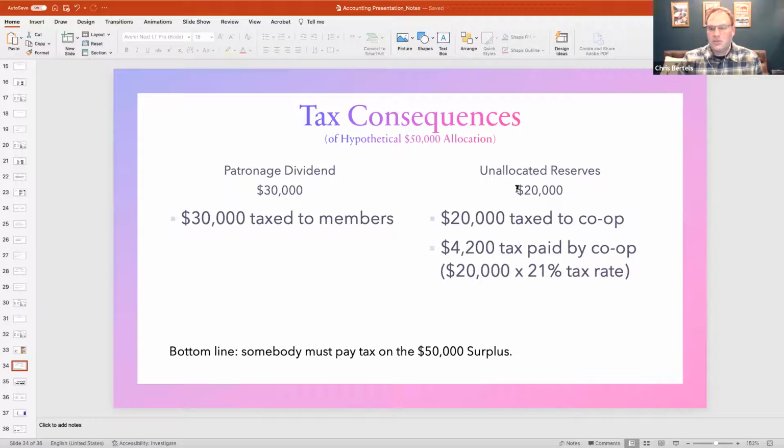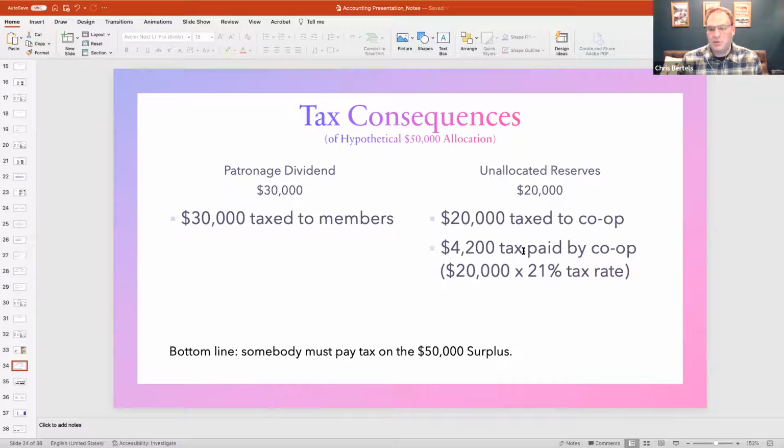Okay, and then the $20,000 that's retained by the co-op, the tax on that is paid by the actual co-op. And right now the tax rate for corporations is 21%. So the co-op is going to have to pay $4,200 in tax to the government.